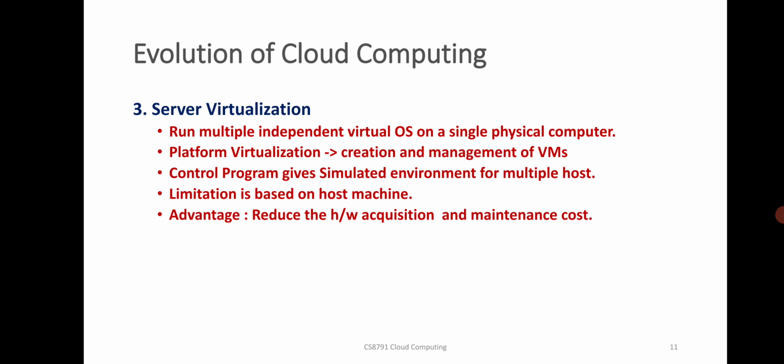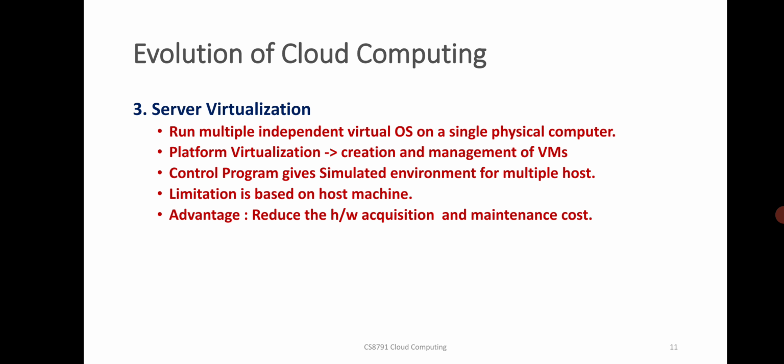And the third thing is server virtualization. So server virtualization means run multiple independent virtual operating systems on a single physical computer. So platform virtualization means creation and management of virtual machines. Control program gives simulated environment for multiple hosts. Limitation is based on host machine.